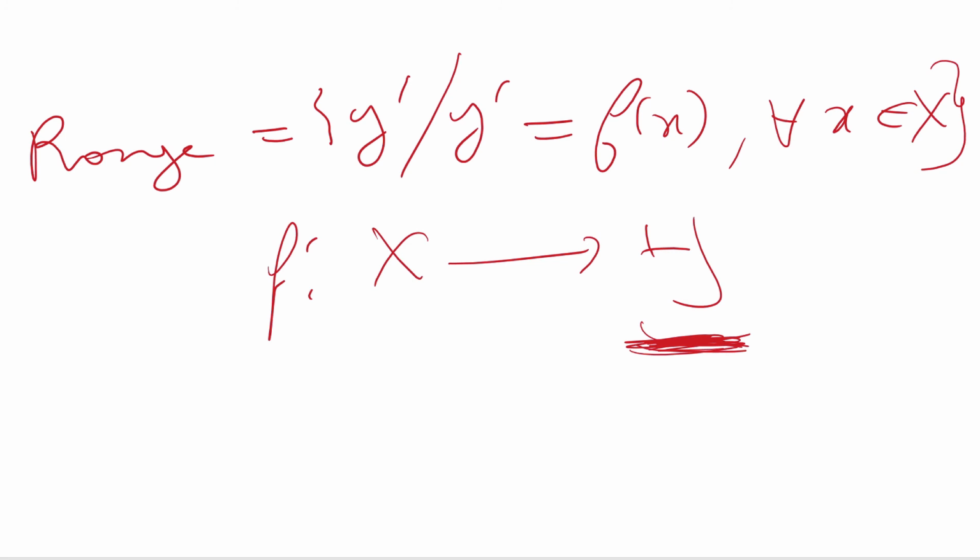We say that the range is a subset of the codomain, and it's the set of all the images of all the elements in the domain.